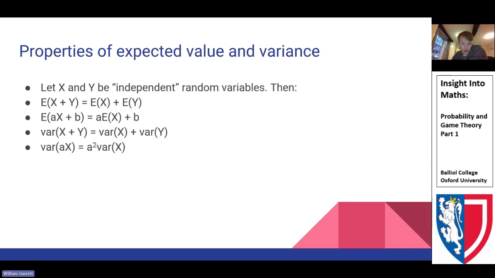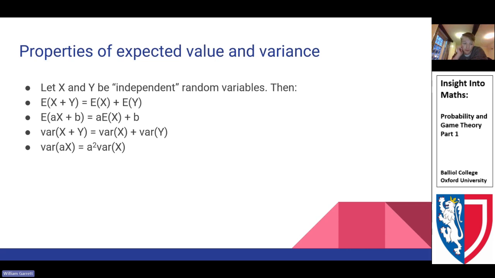Before we do anything else, we need to go through some basic properties that the expected value and the variance satisfy that we're going to need in the calculation we're about to do. So imagine we have two random variables that don't depend on each other. They're completely independent, so the value that one takes doesn't influence the other. You can think of this as flipping a coin and rolling a dice, or rolling two different dice.